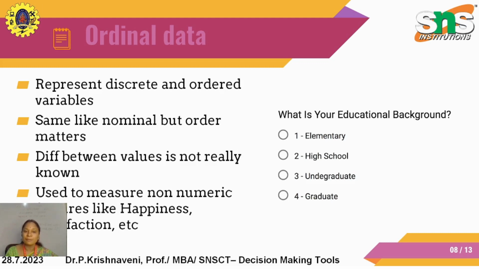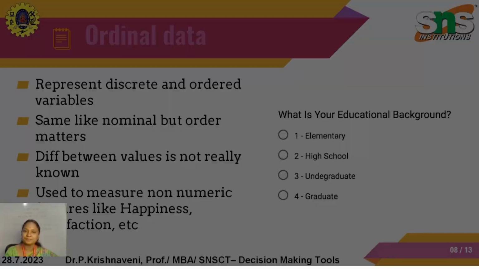This is also an important type, and it is very useful to measure happiness, satisfaction and so on: highly satisfied, satisfied, neutral, dissatisfied, highly dissatisfied. Some order is followed, some categories are there, but it doesn't have any mathematical meaning. There is no such thing as 1.5 kg of happiness, no? So that we call ordinal data.